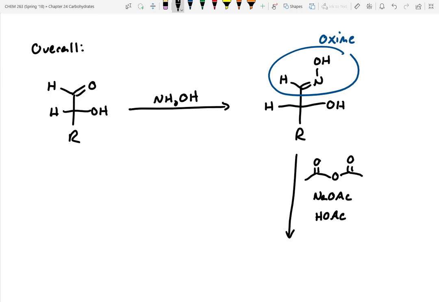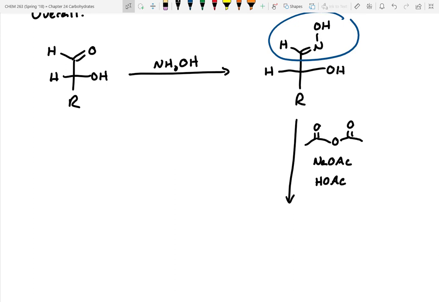And what we're going to do is swap off that OH for an acyl group, or actually react the OH to form an acyl group, I should say. Okay, so now we've done our acylation of the alcohol on the oxime.